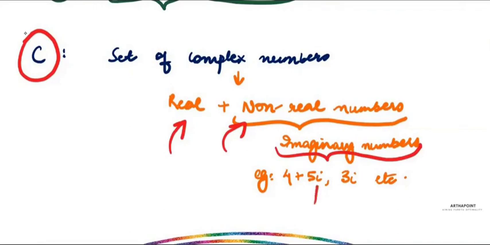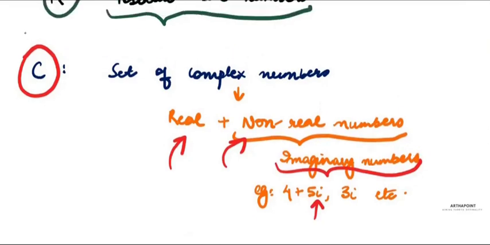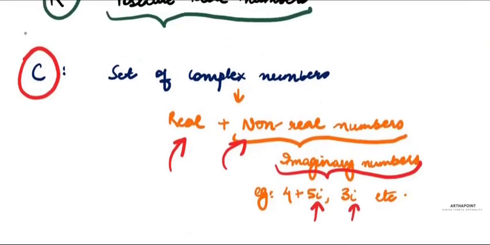So anything that has an iota with it. For example, 5 plus 6 iota, 3 iota, 7 iota. If you have an iota, which is imaginary, if you have an imaginary part to the real numbers, they become non-real numbers.